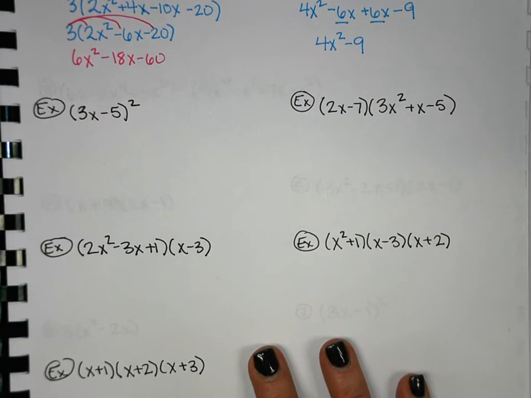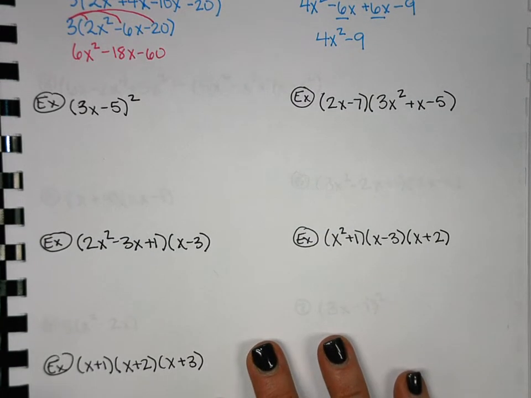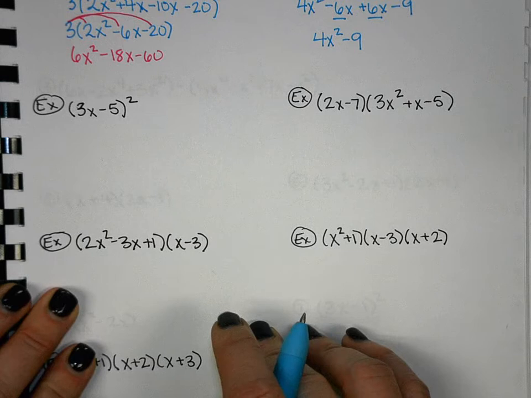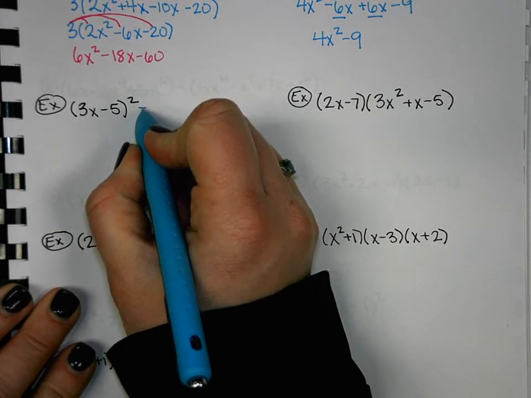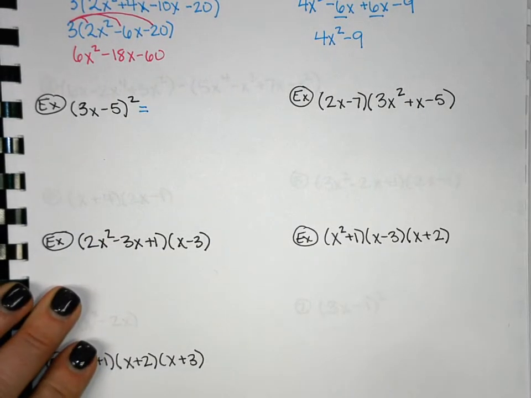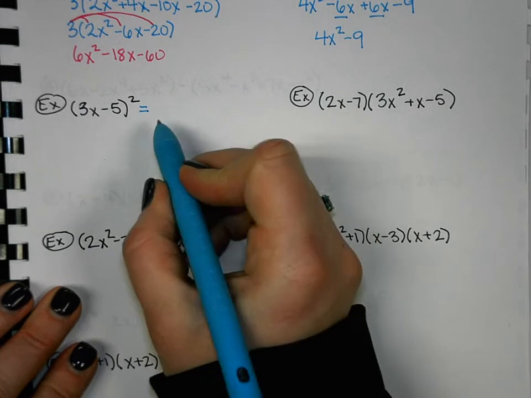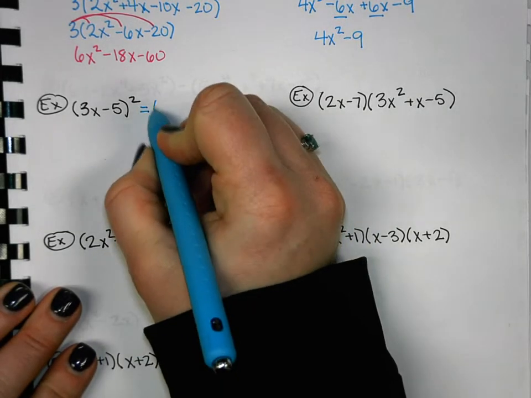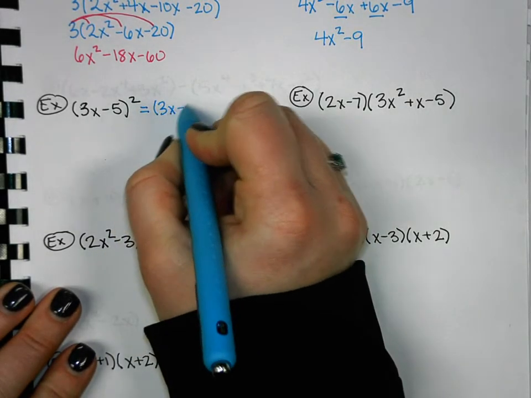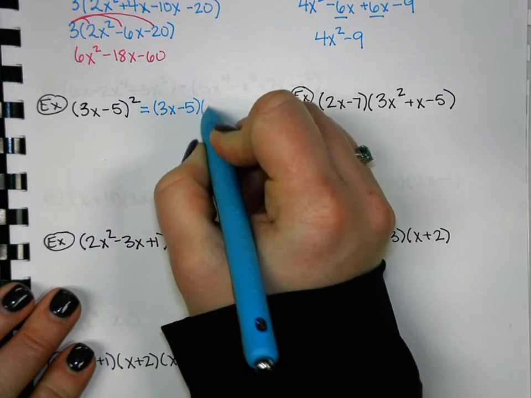So the next one we have 3x minus 5 in parentheses squared. First thing we want to do is write it out twice so that we can multiply it together.